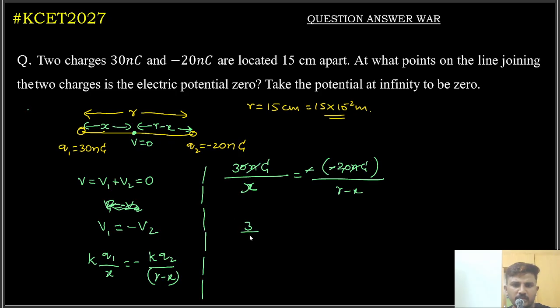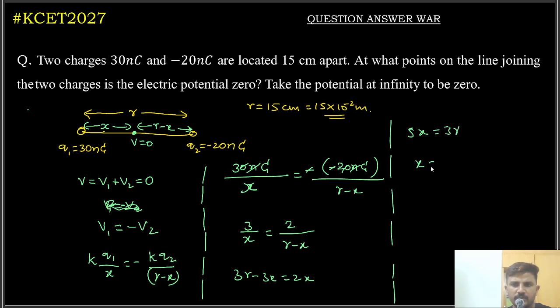So 3 divided by x is equal to 2 divided by r minus x. Cross multiplying, 3r minus 3x is equal to 2x. Therefore 5x is equal to 3r, so x is equal to 3 by 5 r.